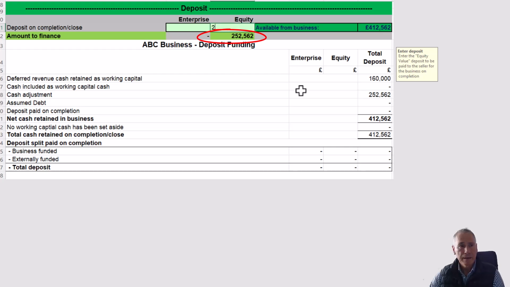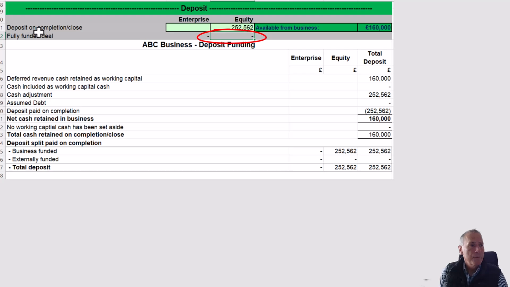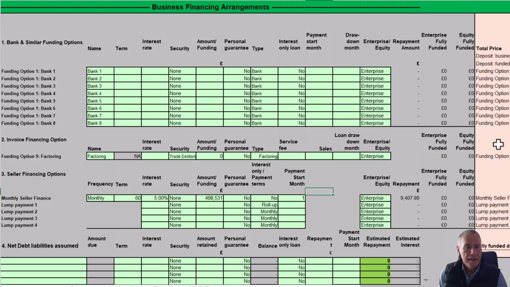So let me just put in that figure there, 252,562, and that will bring the fully funded deal down to zero. And I'll take you now to the financing worksheet. You can now see that in that column the green 252 figure has completely gone, which means that the deal is fully funded both on enterprise value and equity value.